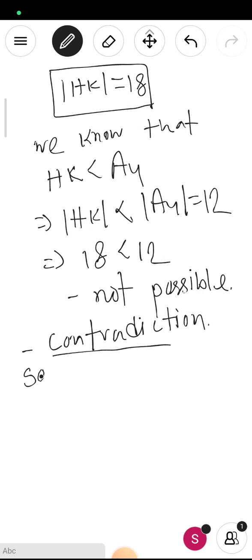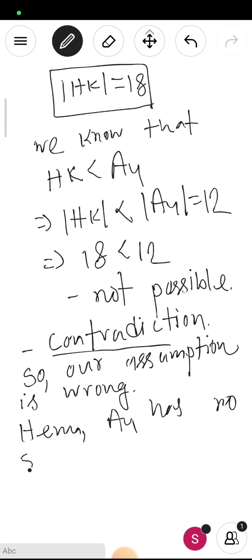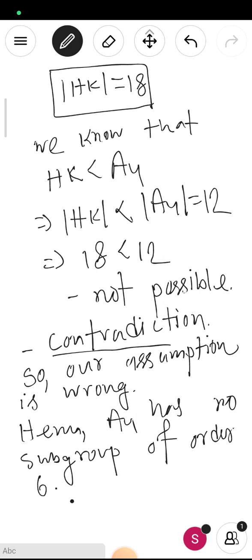So our assumption is wrong. Hence A4 has no subgroup of order 6. So this is our proof.